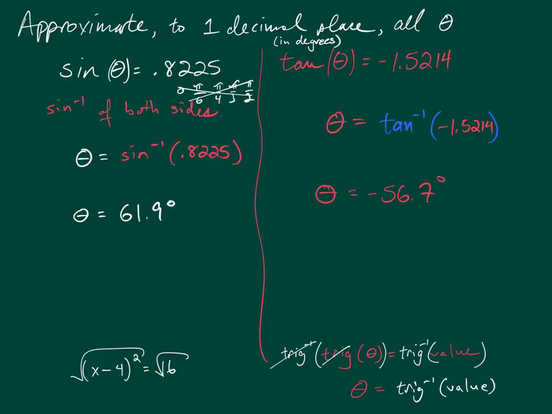We want to make sure that that is in the first go around, and what I mean by that is somewhere between 0 and 360 degrees. So we add 360 degrees to this to put it in the first positive revolution of a circle. So when you add these two together, you will get 303.3 degrees.